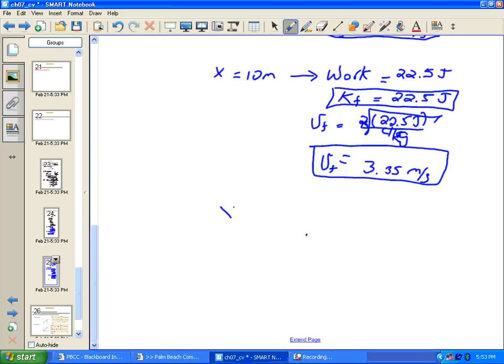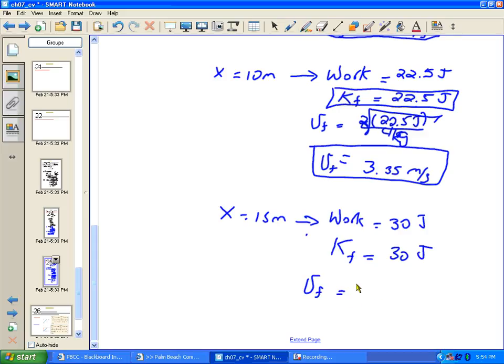Lastly, when the particle reaches x equals 15 meters, we know the work is equal to 30 joules, the total amount of work. K final equals 30 joules, again, because K initial is equal to 0. V final, again, same thing. We plug in our numbers and we get a V final.